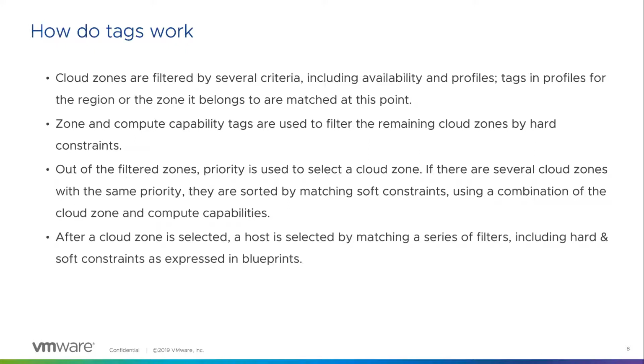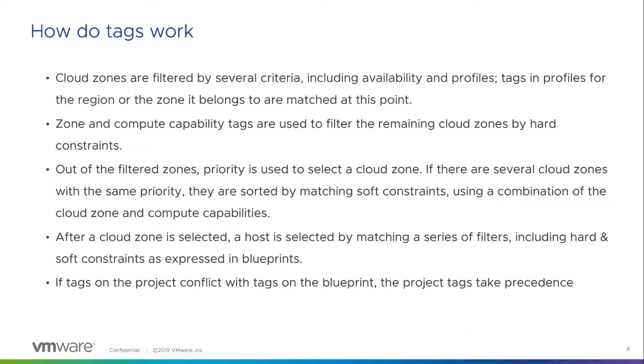And it's matched using a series of filters, including hard and soft constraints as expressed in blueprints. That's how it's selected. And as we mentioned already, if there's a tag on the project and it conflicts with the blueprint, then project tags will take precedence.